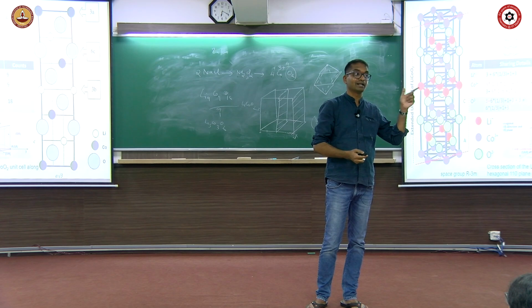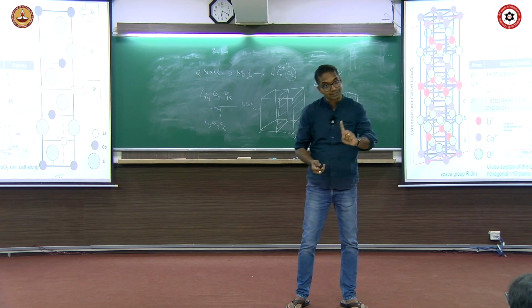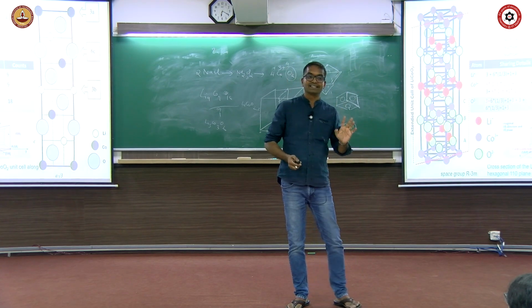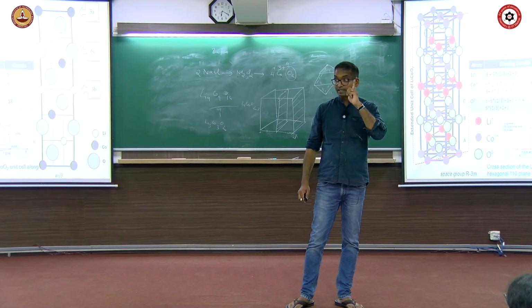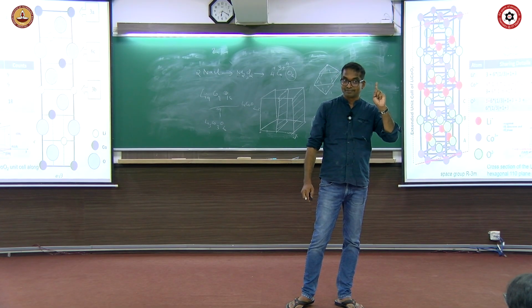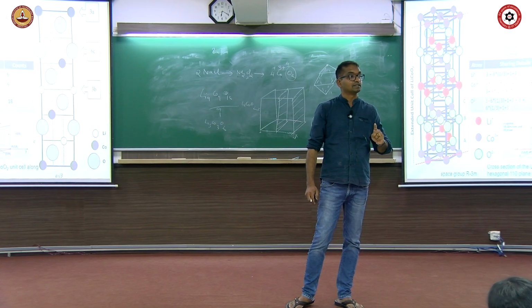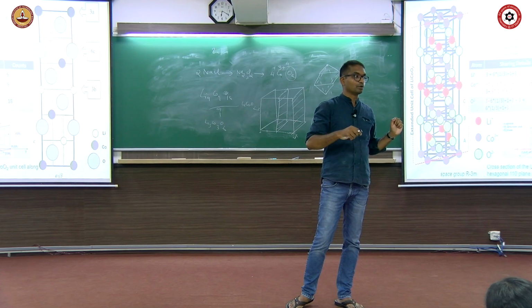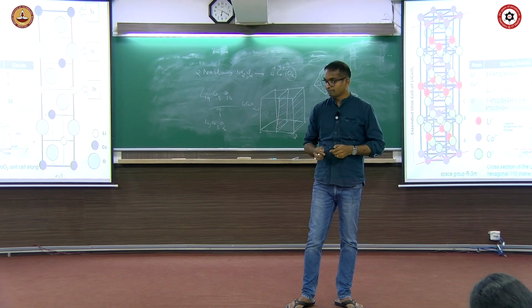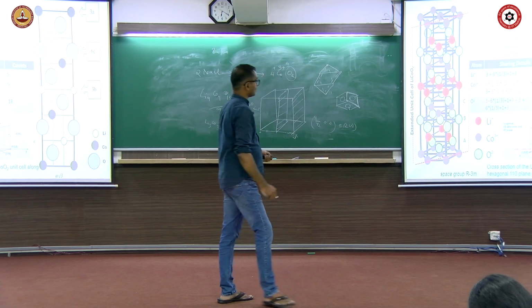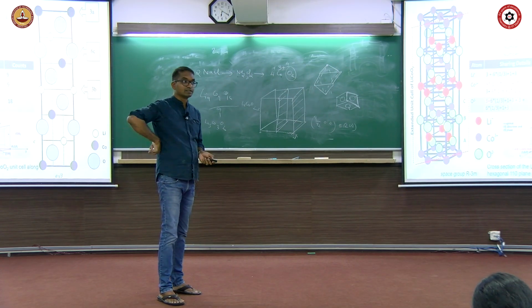Your lattice is actually made of anion. That is still FCC. But unit cell is not FCC. There is a difference. Lattice is different from unit cell. Because your lattice is FCC, you cannot expect your unit cell to be cubic. This is a classic example for that. Now, this is called LiCoO2.